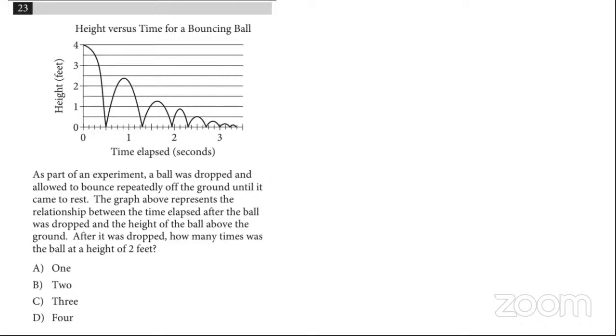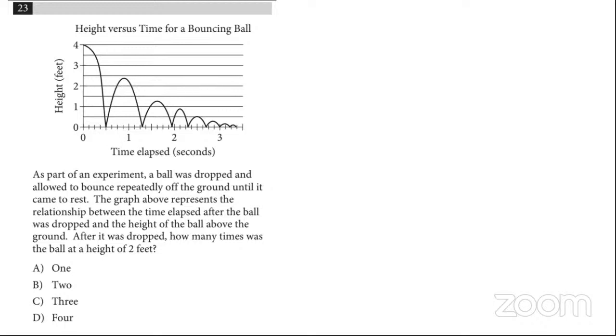On the x-axis, we have the time elapsed after the ball was dropped, and on the y-axis, we have the height of the ball above the ground. What we are asked is to find how many times the ball was at a height of 2 feet.